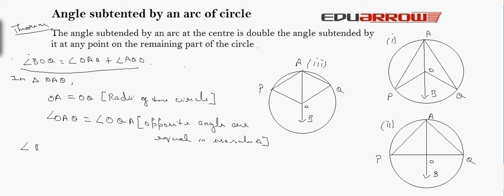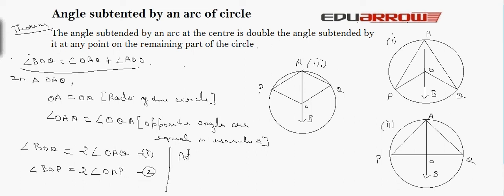If we put this result into the equation, this gives angle BOQ is equal to 2 times angle OAQ. Similarly, angle BOP is equal to twice of angle OAP.